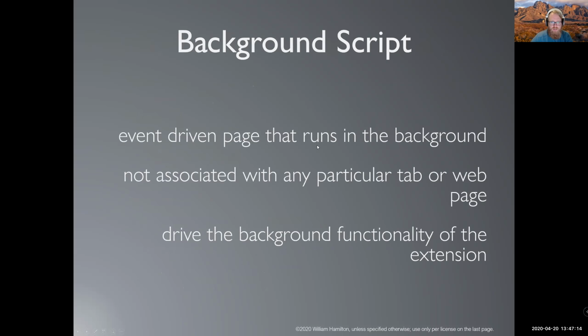Particularly, background scripts are these event-driven pages, for lack of a better word, that run in the background of your browser for your extension. They are not associated with any particular tab or web page. It's basically just the background code that is running to drive your extension.